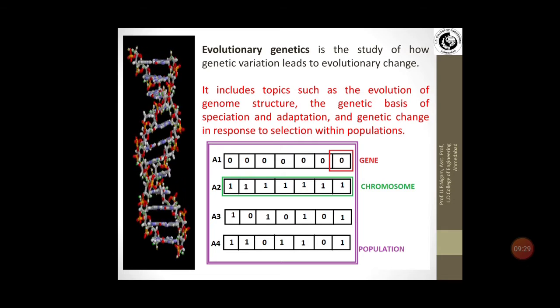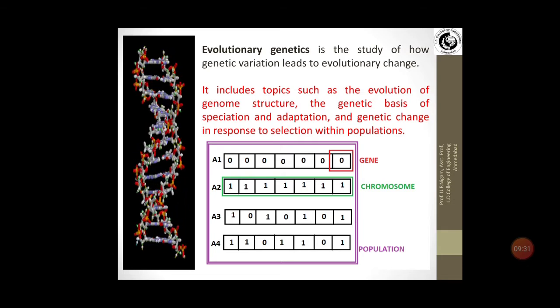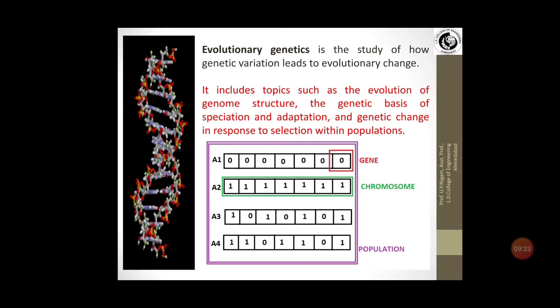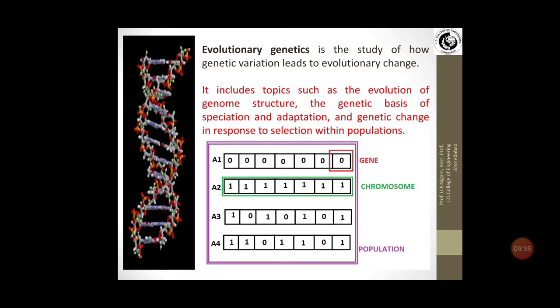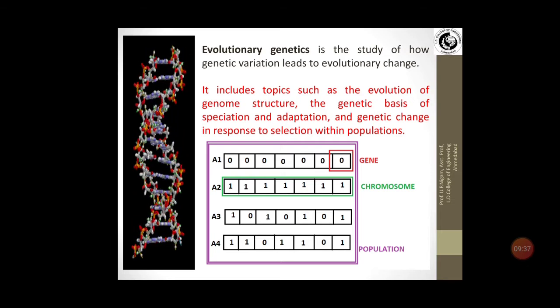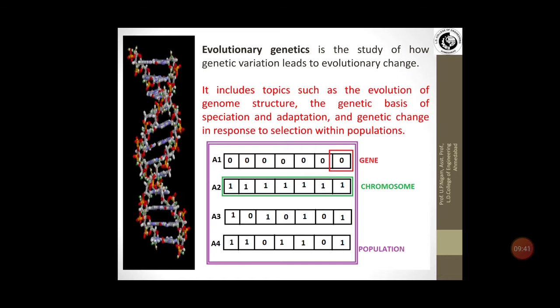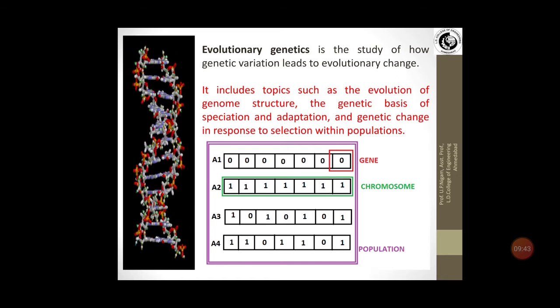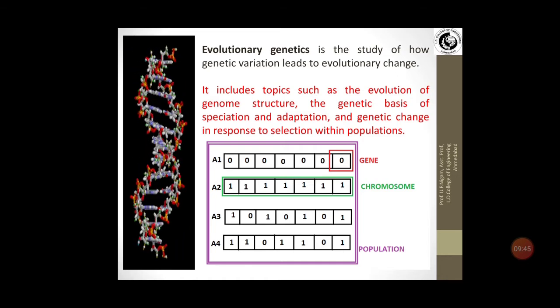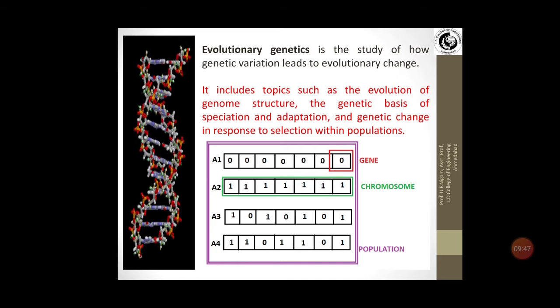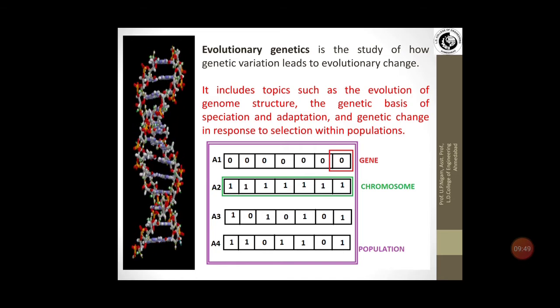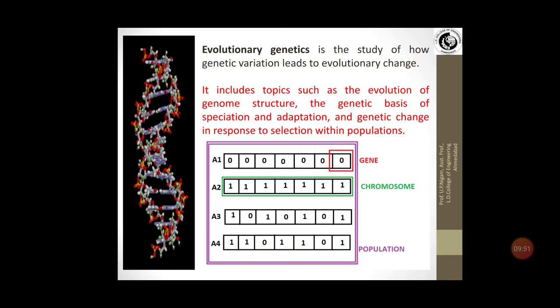Then evolutionary genetics. What do we understand by evolutionary genetics? We need to understand the two terms, genetics and evolution. Genetics means the study of the genes, what the characteristics and properties are in a particular being. The study of those behaviors, properties and characteristics is known as genetics.